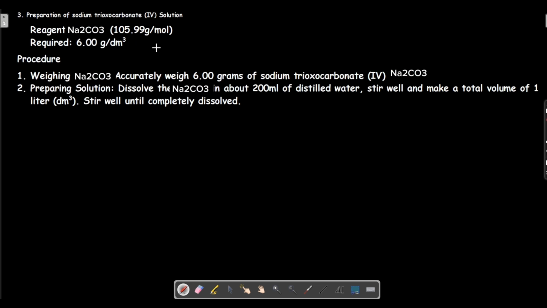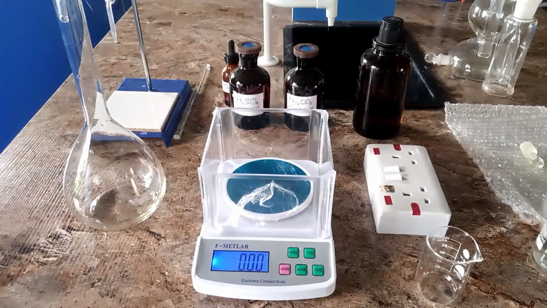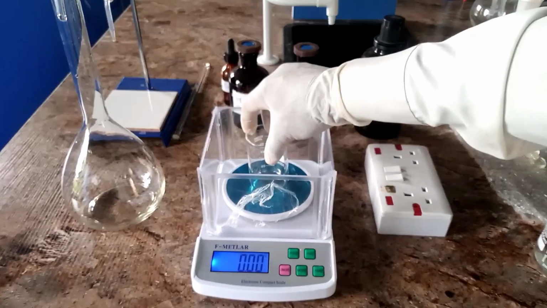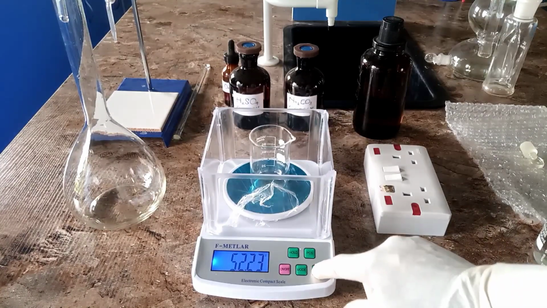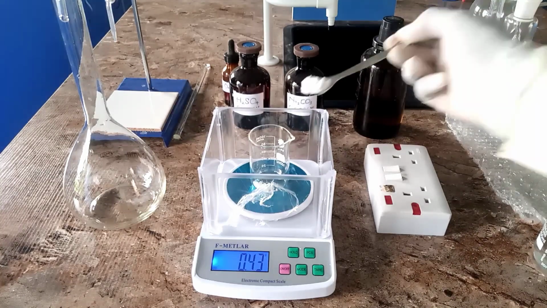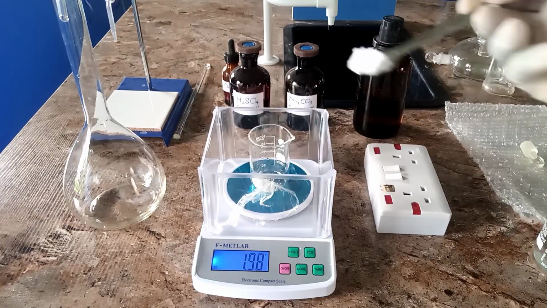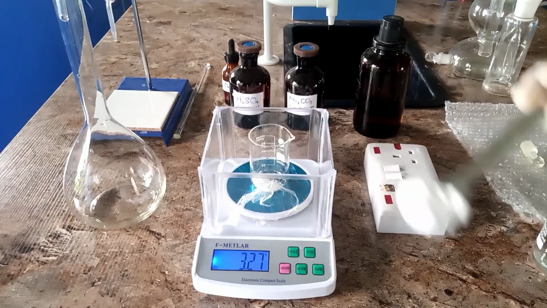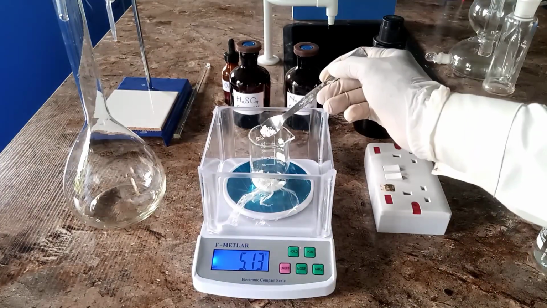So we'll go over to the preparation of it, and thereafter we'll calculate the concentration. We'll start by weighing 6.00 grams of sodium carbonate. First, we'll reduce it to 0. Then we'll add carbonate 4 gradually till we get to 6.00 grams.